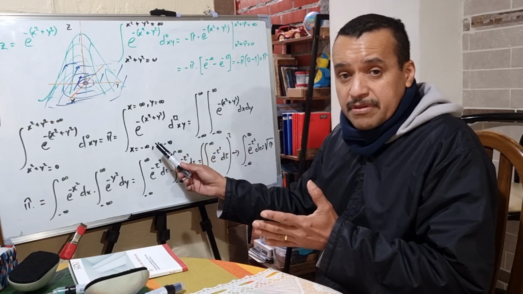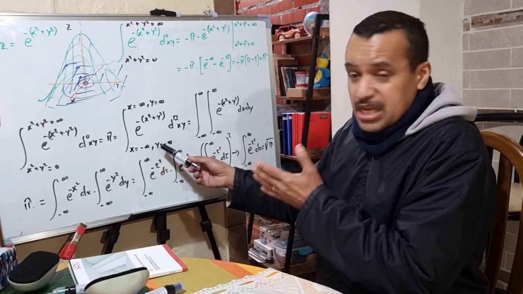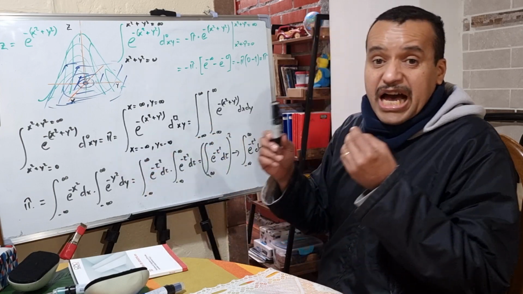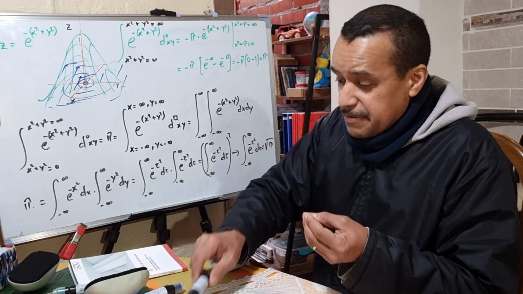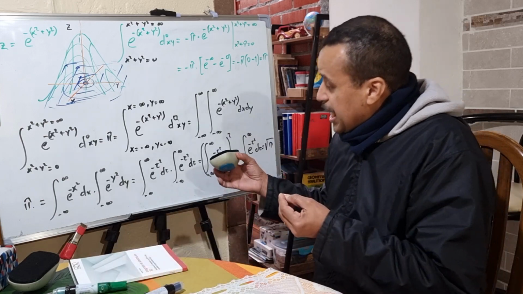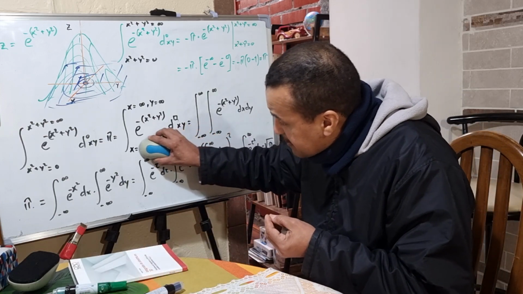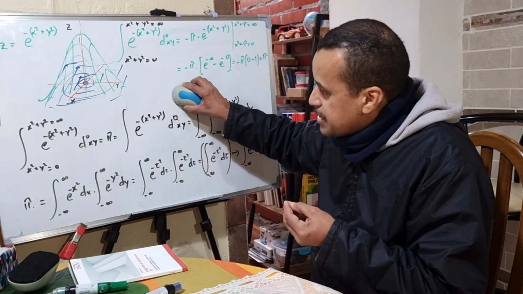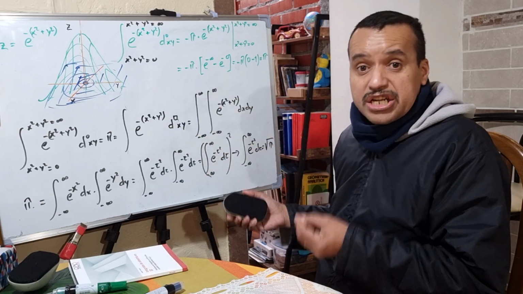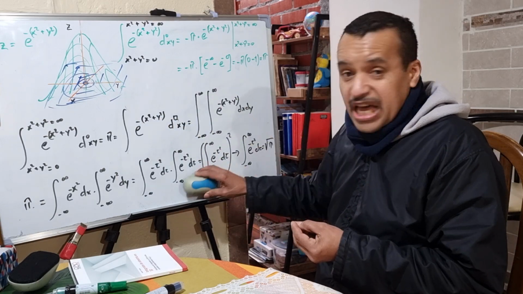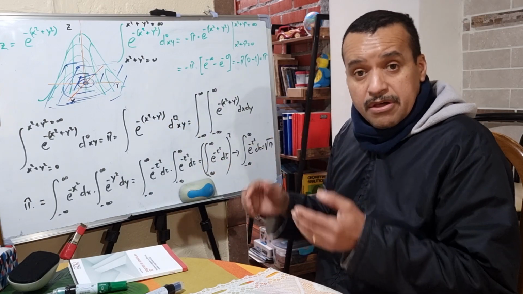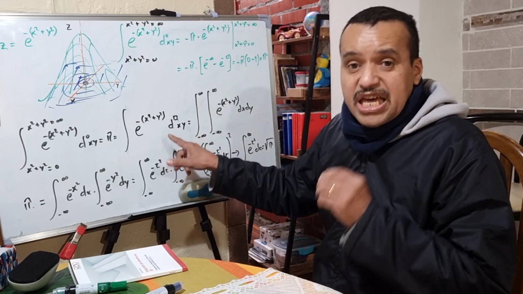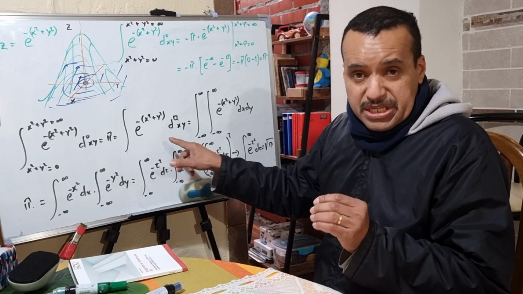This integral, like a definite integral, exists and is fine. But the primitive does not exist. It exists like a definite integral from minus infinite to plus infinite, but not like a primitive.